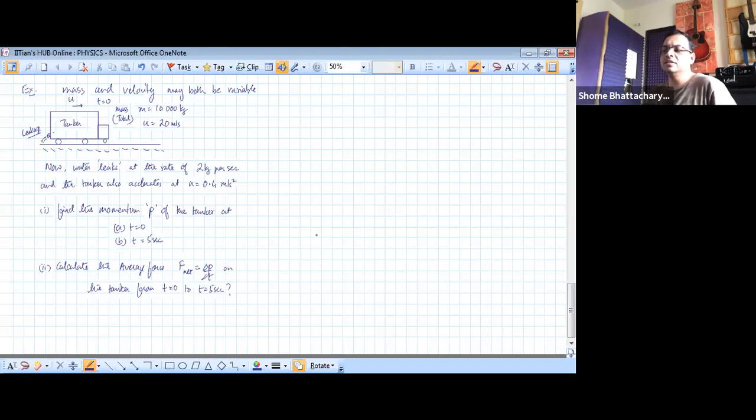If the momentum has increased, that means there is some change in momentum, so there will be some average force. So you get the average force very close to 200 newtons, 197.8 or something like that.